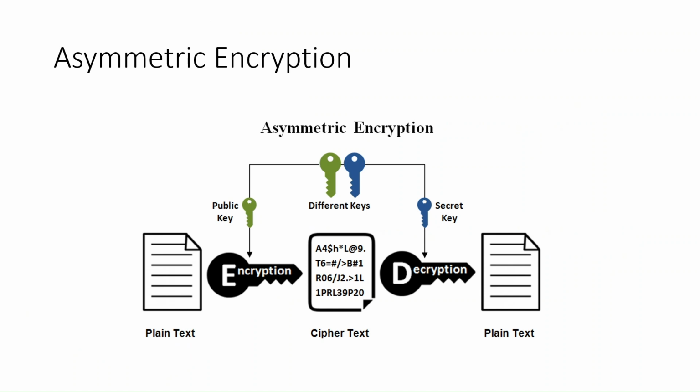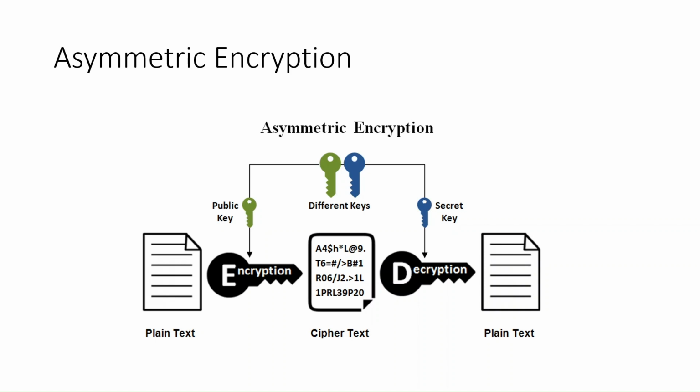In this method, say for example, you want to encrypt a plain text document. You're first going to generate a pair of keys, called the public and private key, or the secret key. You are going to use the public key to encrypt the plain text message so that it turns into ciphertext.